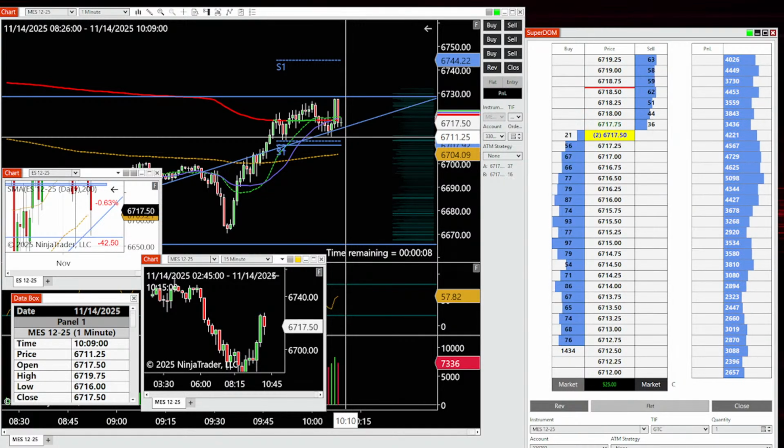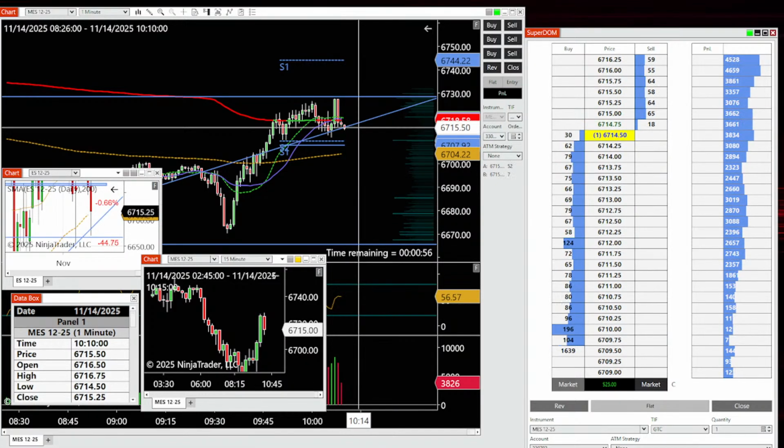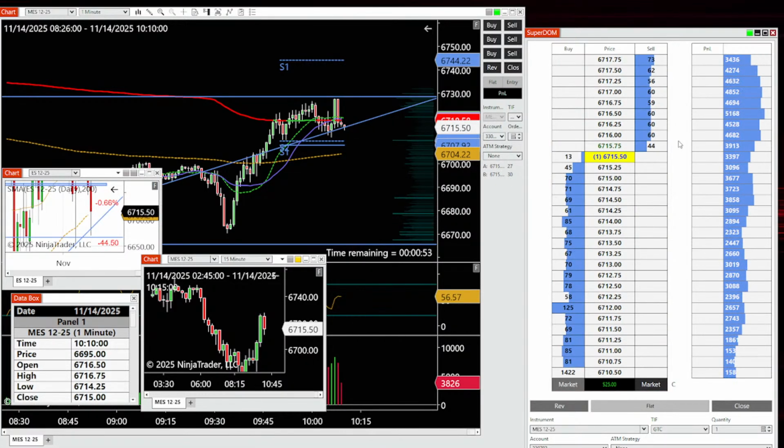Over and under VWAP. We're just hanging around VWAP. Over and under VWAP right now. This is showing weakness. But my position is showing weakness.